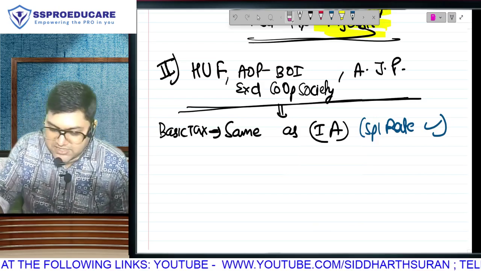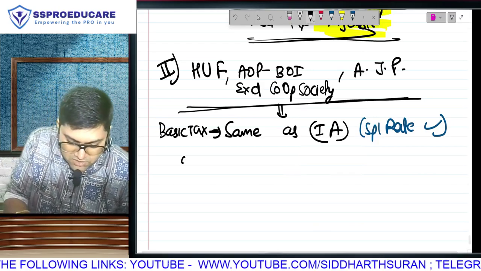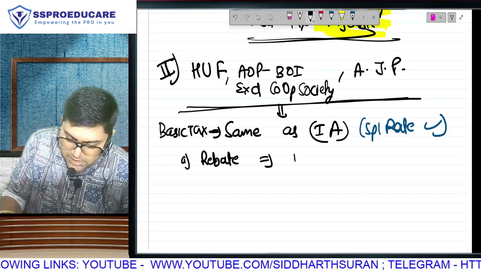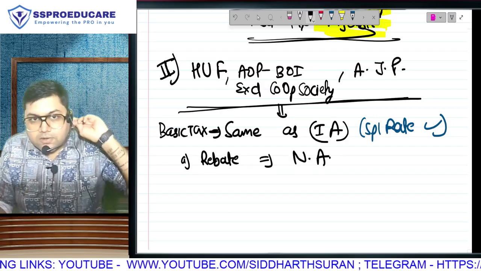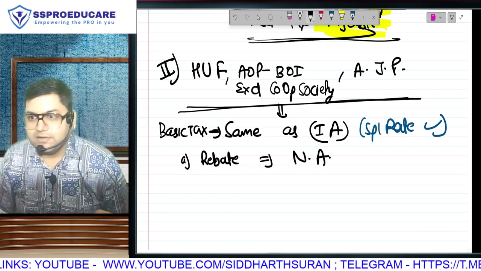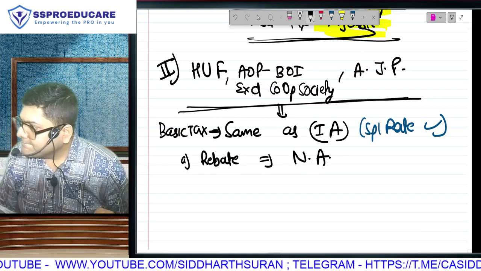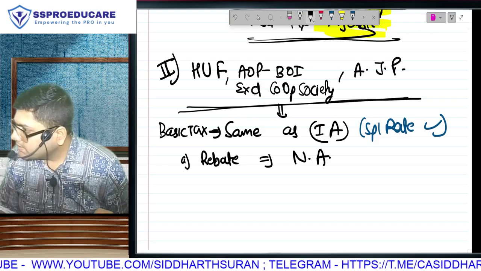After basic tax, there are three concepts. Concept number 1, rebate. That within rebate we already studied. That rebate is applicable only for individual. Correct hai?